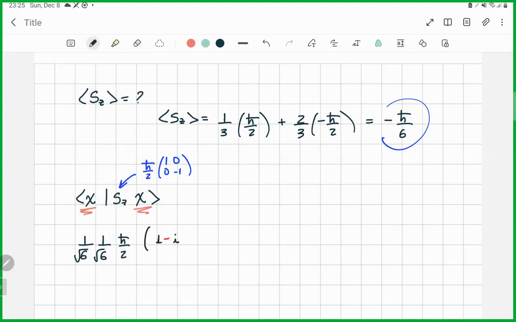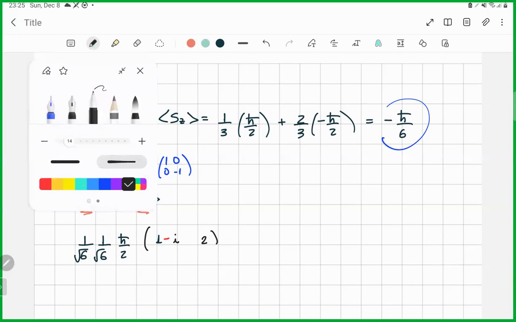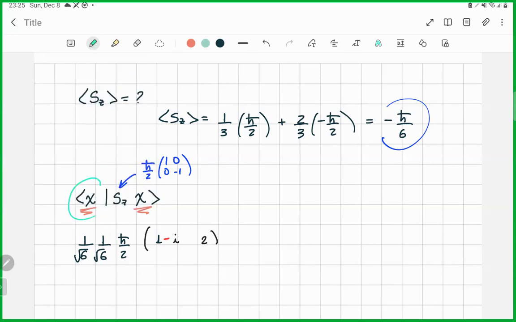So this is the first element, and the second element is 2. This is this part. Then comes the matrix SZ, so here we have 1, 0, 0, minus 1. And then the ket, the column, which is 1 plus i and 2. So this is also a very straightforward way to go.